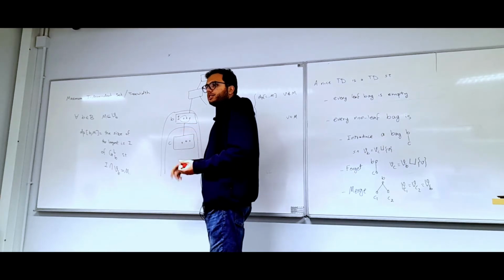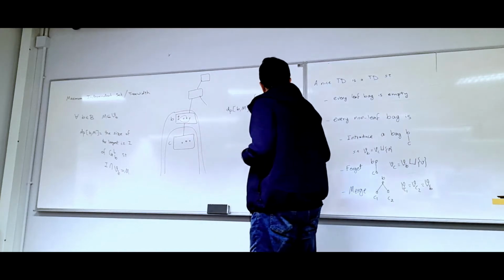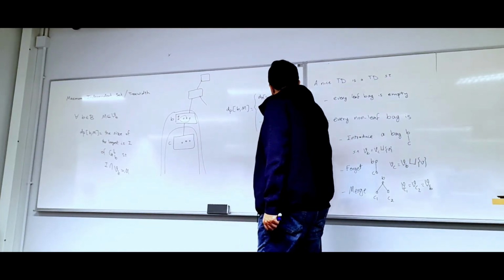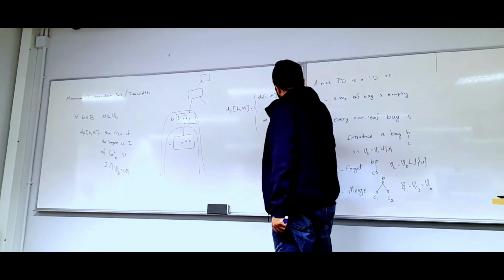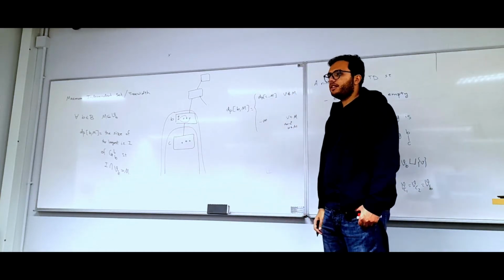And in that case, I should just say my answer is minus infinity. Okay? So my answer is going to be minus infinity if V is in M, and there is also some U that has an edge to V, and U is also in M. Okay?